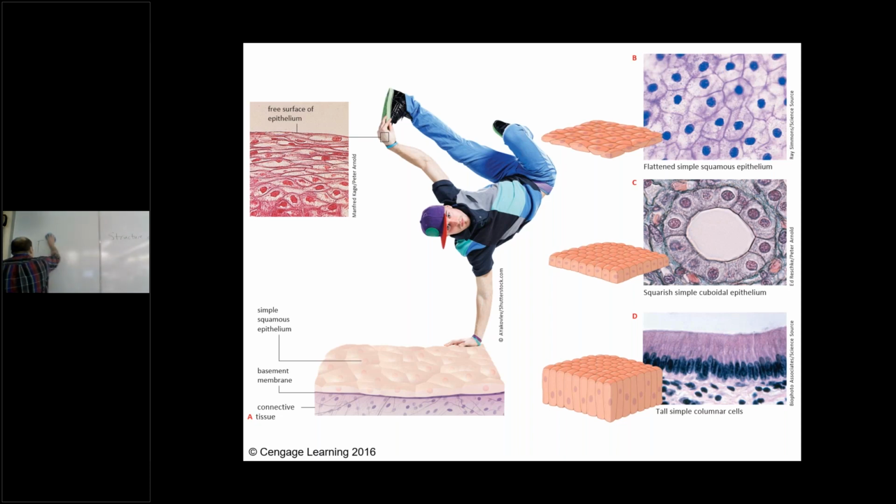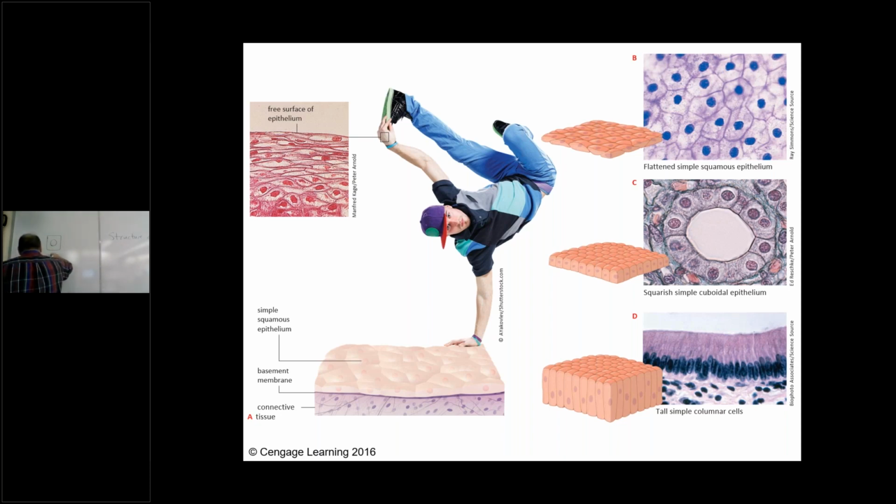So you remember this, we talked about this. So we can have these pancake shaped, which would actually be kind of like thin, lateral side view, cube shaped. So this would be called squamous.